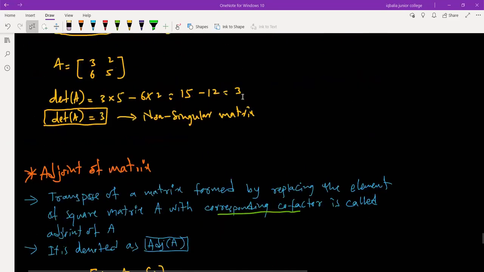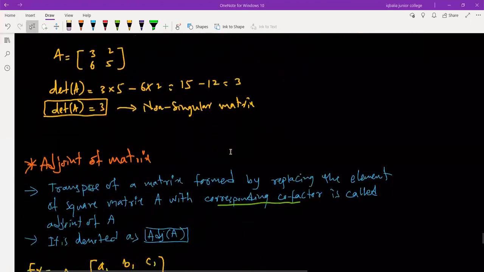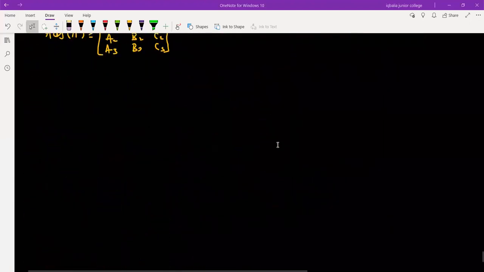So now the next topic is inverse of matrix. Here we are going to see inverse, or we can say invertible matrix. Okay.